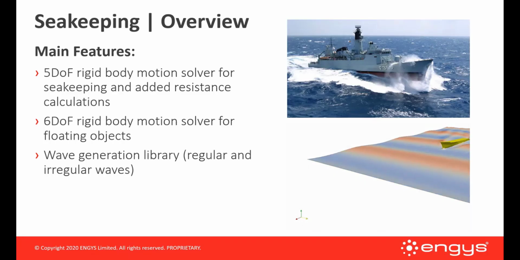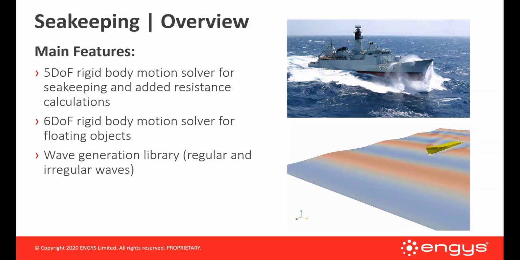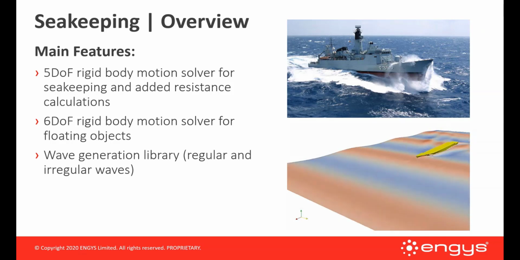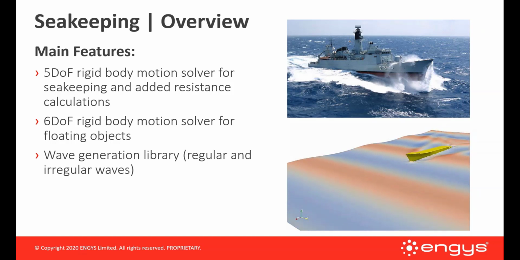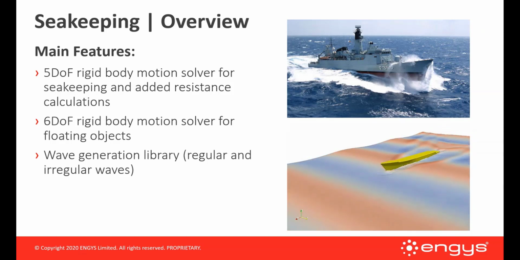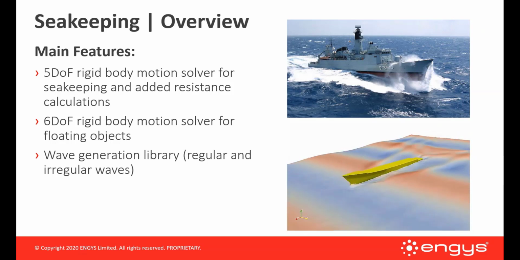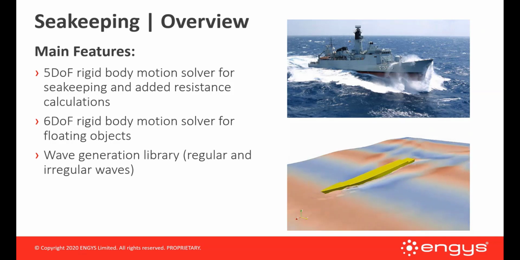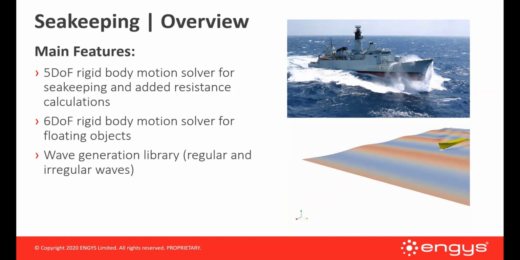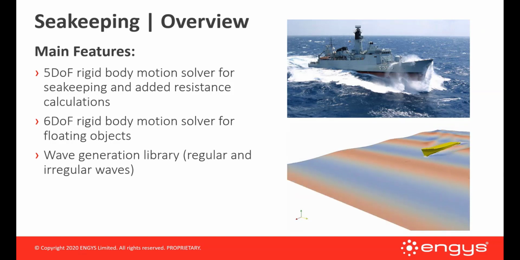Moving to seakeeping, we have two different options available in the VOF solver, and two different rigid body motion options. One runs in 5 degrees of freedom, where we have a surge which is enforced, just to mimic what happens inside the towing tank. This is when you want to do seakeeping and other resistance studies.